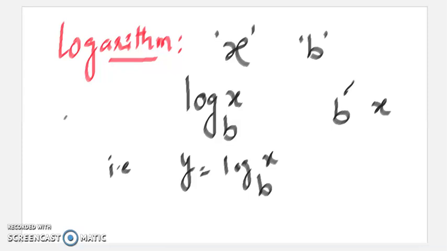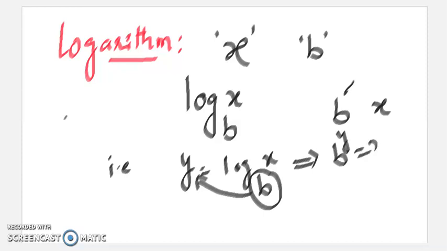In this we are going to find the x value. Here, this can be written as b power y is equal to x.